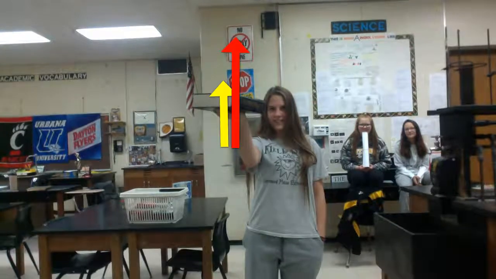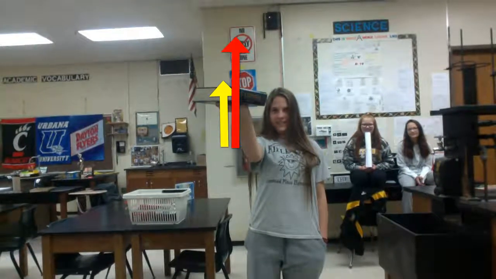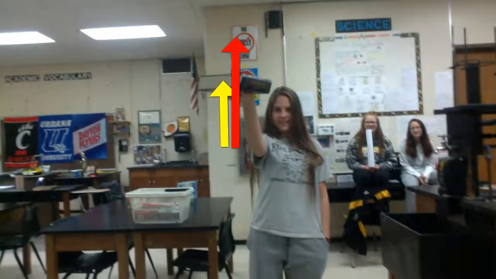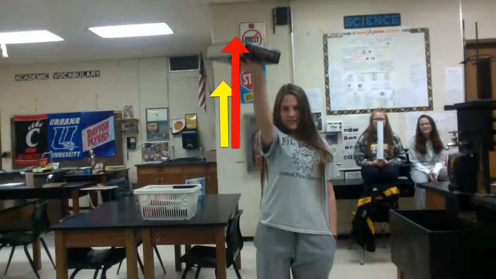The displacement points in the same direction as the force. So then the question becomes, all right, what is the angle between up and up? Well, the angle between up and up is the same angle between down and down. It's the same angle between left and left and right and right. The angle between two vectors that go the same direction is 0.